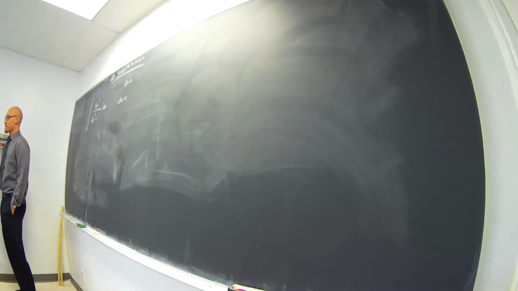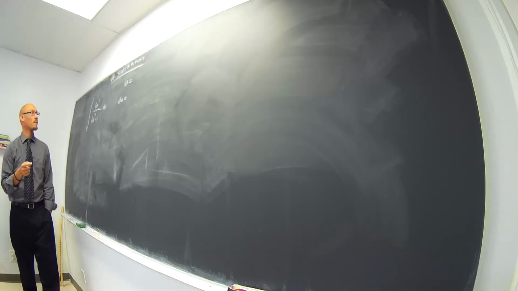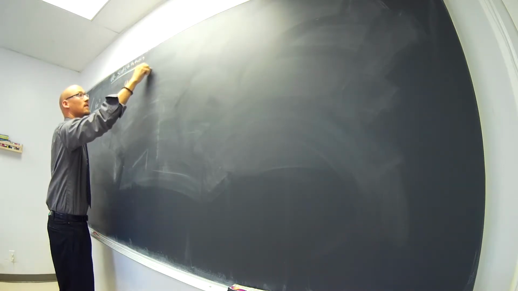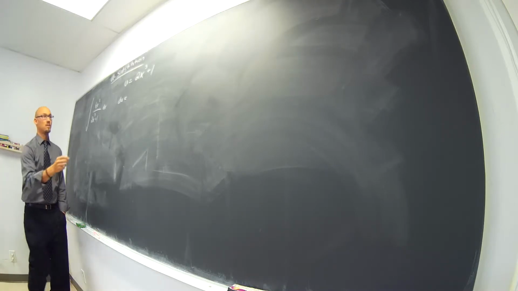So u is going to be the thing, and du is going to be the derivative of the thing. u is 2x to the third plus 1, and du is 6x squared.